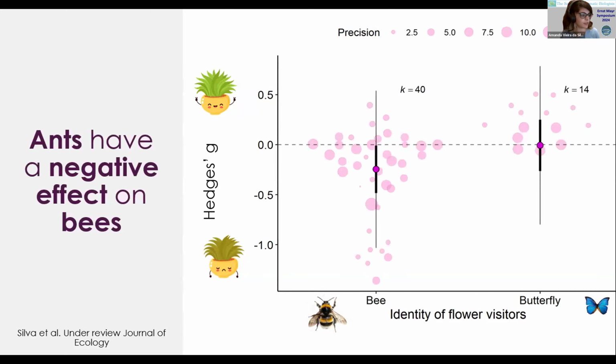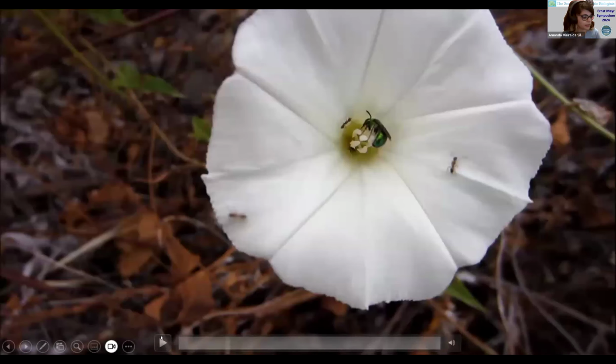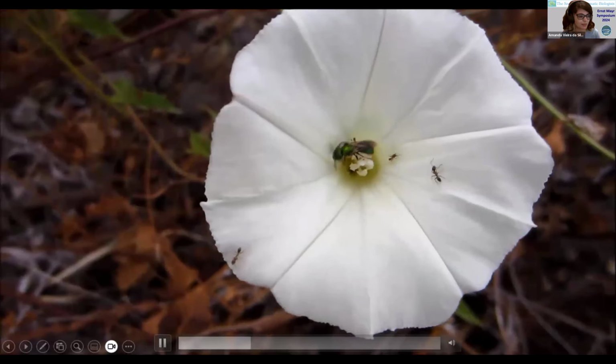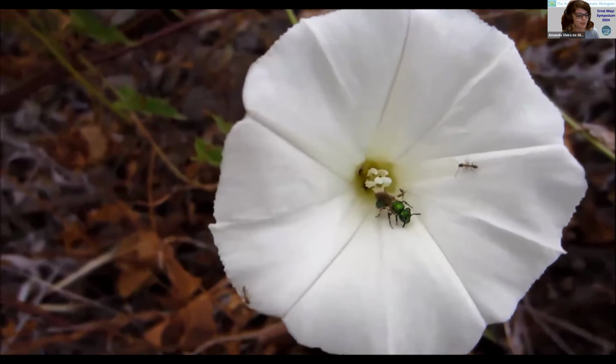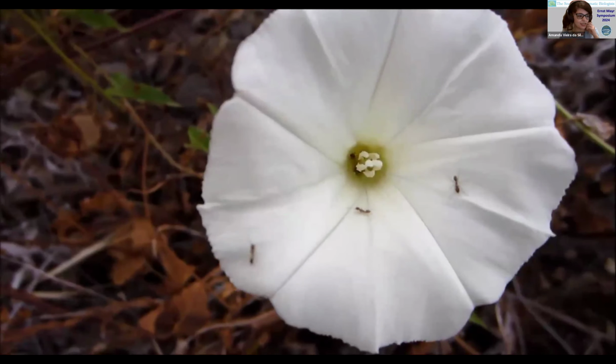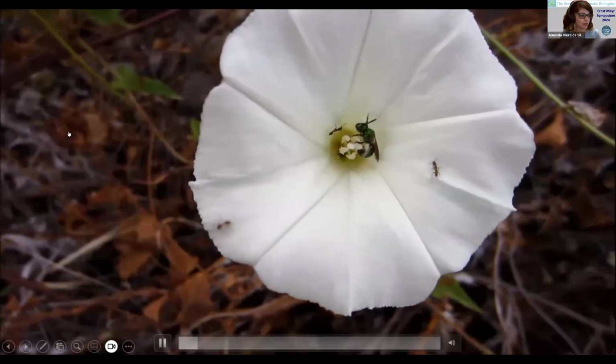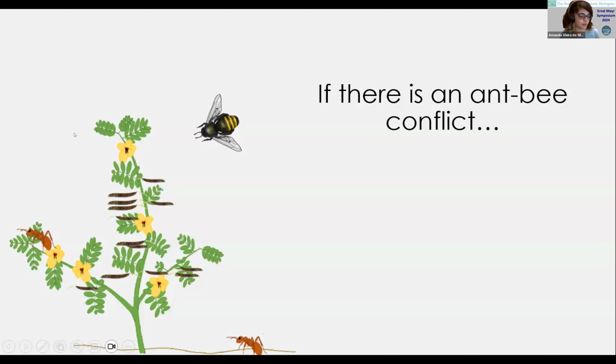And what we observed was that ants have a negative effect on bees, but they don't affect the butterflies. Here's an example of ants being annoying to bees. So they can also repel the pollinators and not only the herbivores.